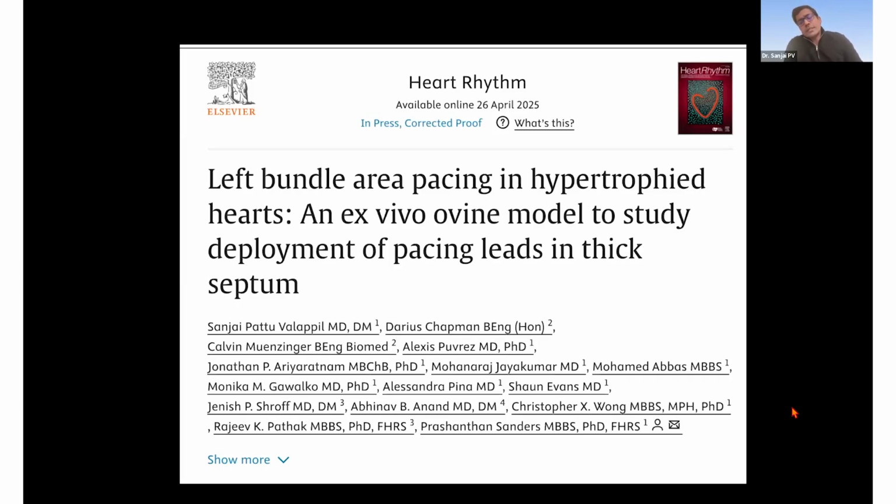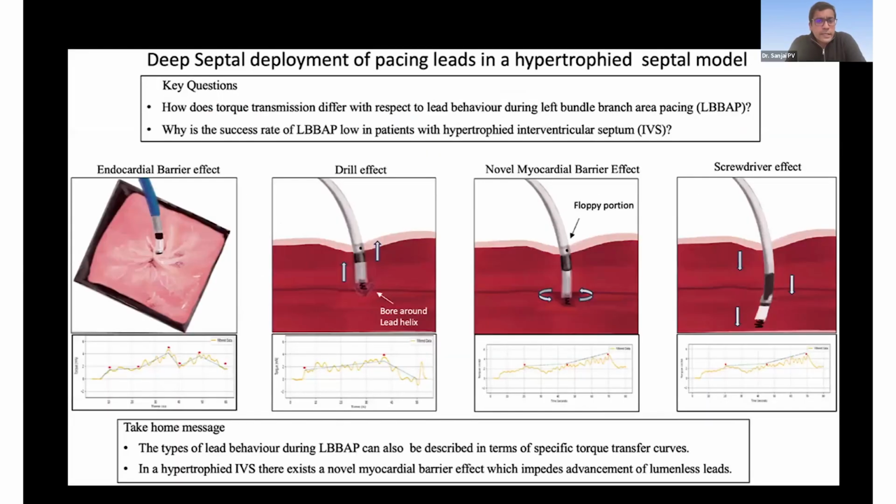So we did a sandwich model where we used ovine atrioventricular septa, and we sandwiched 2 septae, one on top of each other, and we put them in a clamp, and we drilled these leads onto the tissues. And as we were drilling, we used a custom made rig which could measure the torque force in these leads.